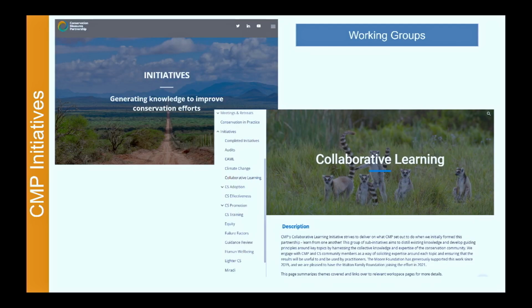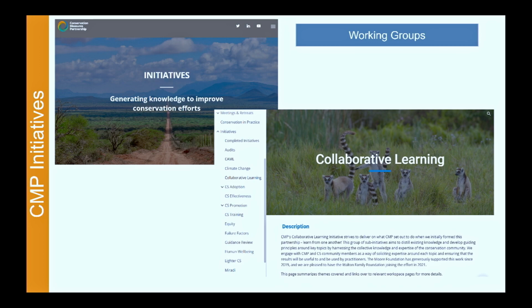And then more recently, there's been a more concerted effort on what we're calling our initiatives, and particularly around collaborative learning. And that's really in the spirit of what CMP has been trying to do for a long, long time, is learn collaboratively. And we're absolutely delighted to have CCNet and other organizations, whether they're members of CMP, CCNet, or other individuals, join these collaborative learning efforts if they're interested in the topic.